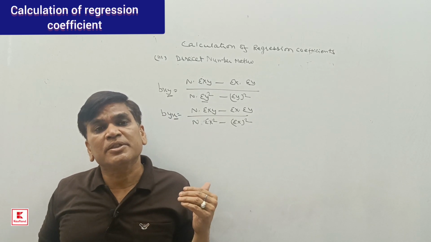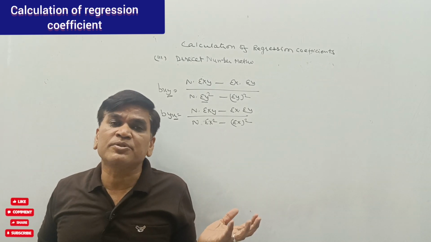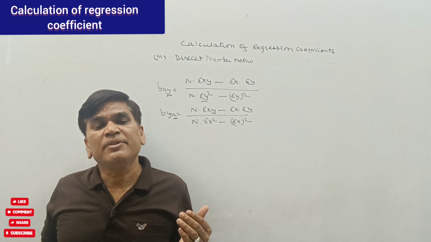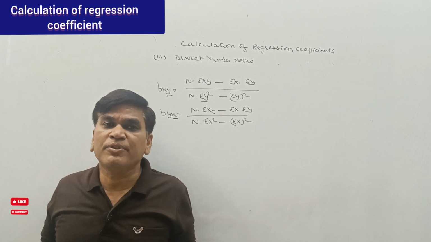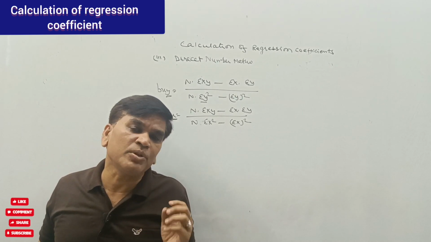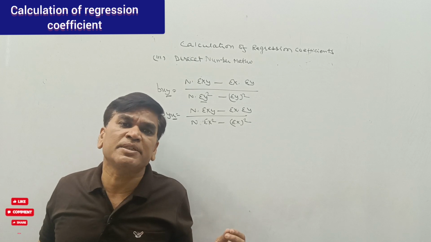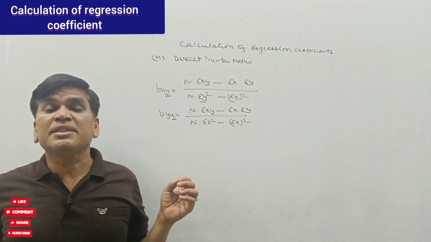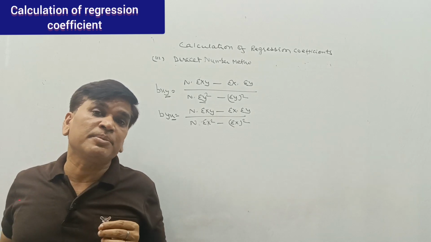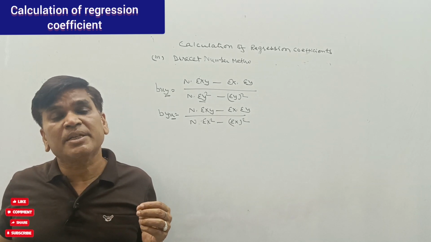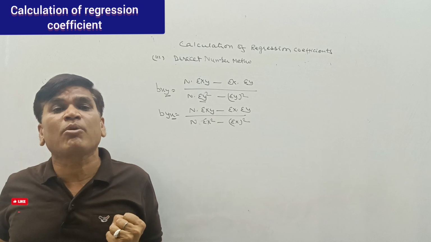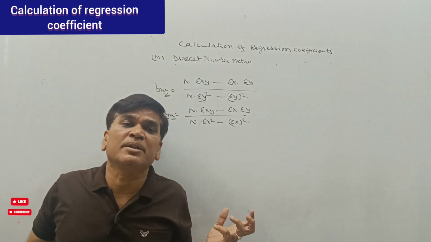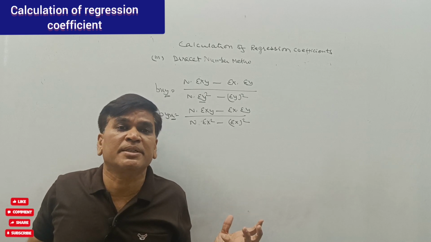We will just calculate the value of x square and the addition of x square. Then we will calculate y square and the addition of y square, and one more thing we have to do, that is the multiplication of the x series and y series. So this formula is better in cases where the numbers are very small, so we do not have any problem getting the squares and the multiplication of x and y.